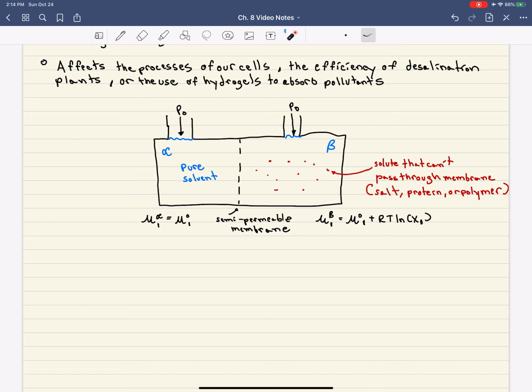Now this is important because even just mathematically, we know that the mole fraction is a value that's less than 1. And if we have something that's smaller than 1 inside the natural log, that makes the natural log negative. And so this term here is negative.